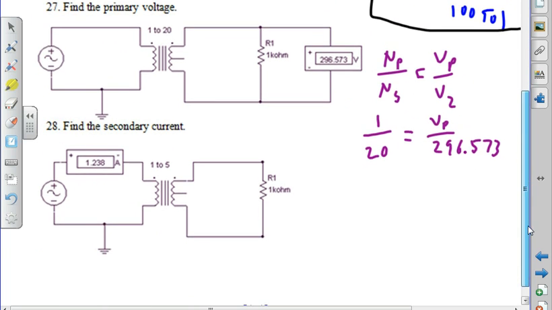In this case, I have 6 significant digits. So voltage primary, 296.573 divided by 20. The 20 we would call a whole number, and we wouldn't say I only have 1 significant digit there. We could have as many as we want. 296.573 divided by 20 is 14.8.